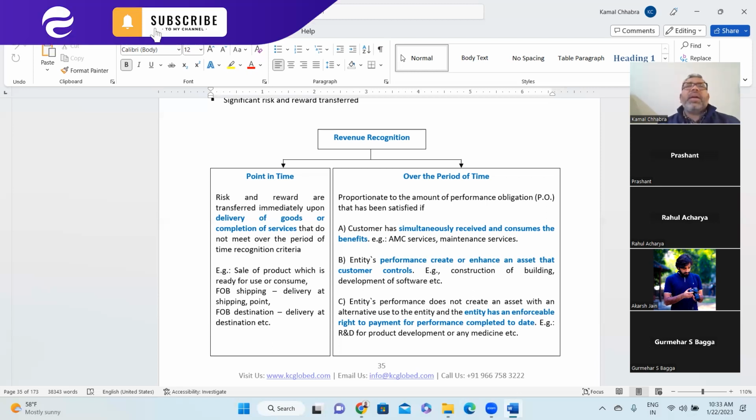But when you are using it, you do not know at what time you will need what service, but it is always there to support you in case of need. That means you are consuming the services, or the benefits, over the period of time, hence it meets the criteria of over the period of time.